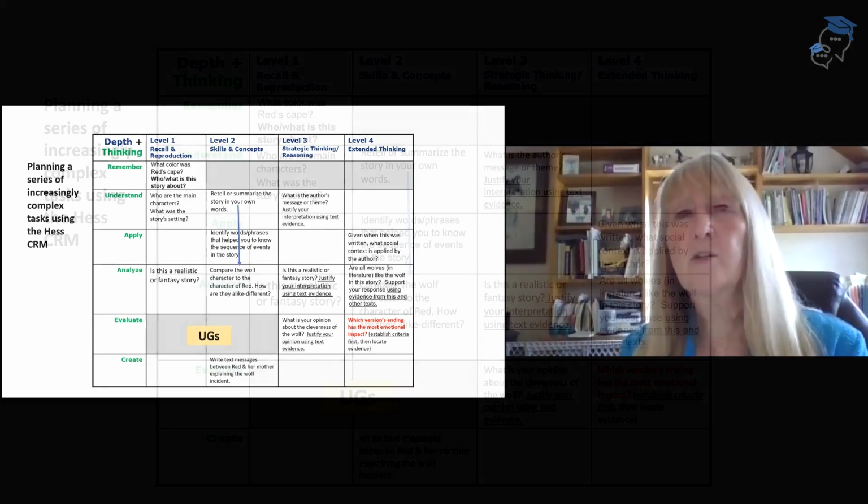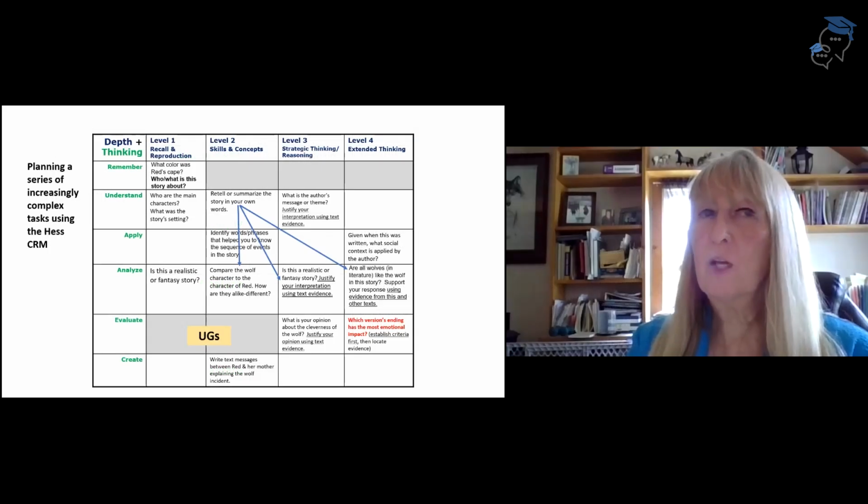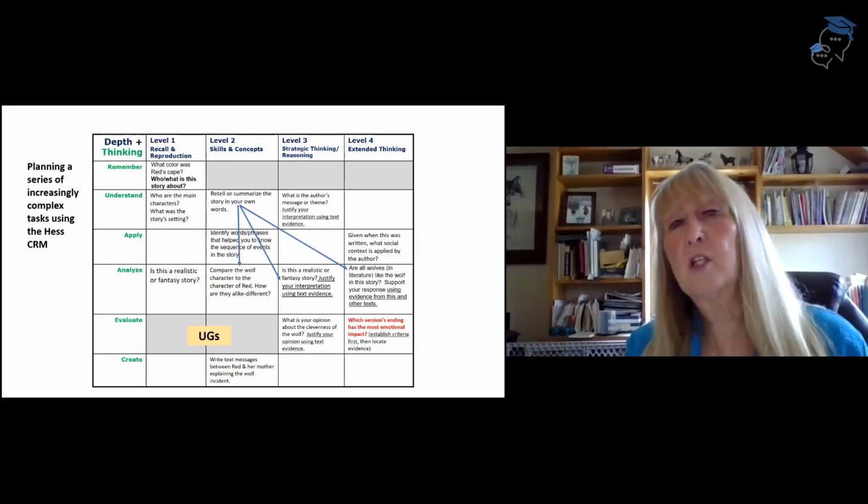If we teach them how to summarize, then they could compare characters. If they know how to summarize, they could also provide context for an interpretation of the text. Or they could read multiple texts about wolves in literature. The idea is the matrix helps you to see how to maybe have a starting point and move to a deeper level.